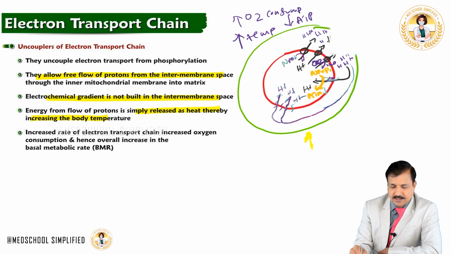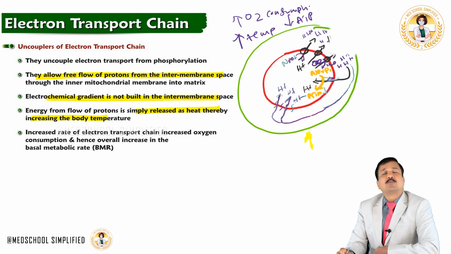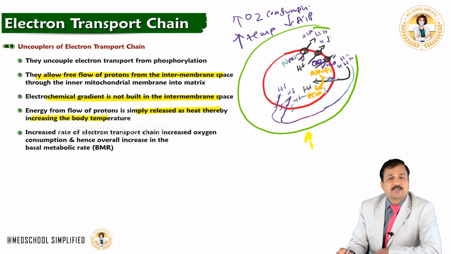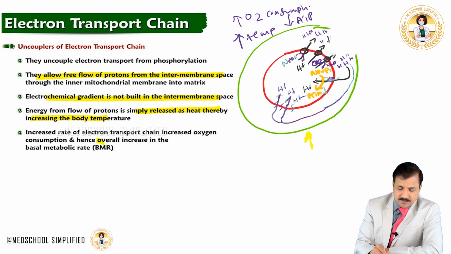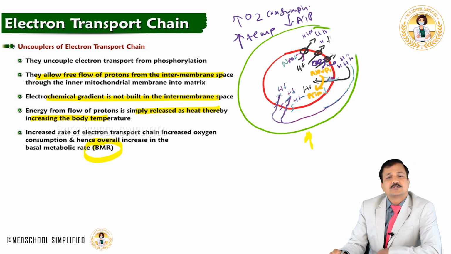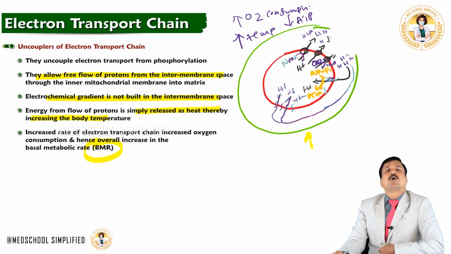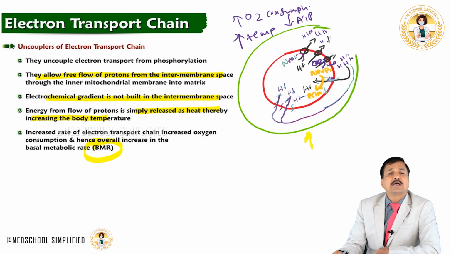More and more NADH is oxidized to NAD plus, and FADH2 to FAD plus, and because of this there is a higher consumption of acetyl-CoA in the TCA cycle, and higher consumption of glucose to make acetyl-CoA. Overall, that increases the basal metabolic rate. Because of the increase in the basal metabolic rate, overall body temperature further increases.